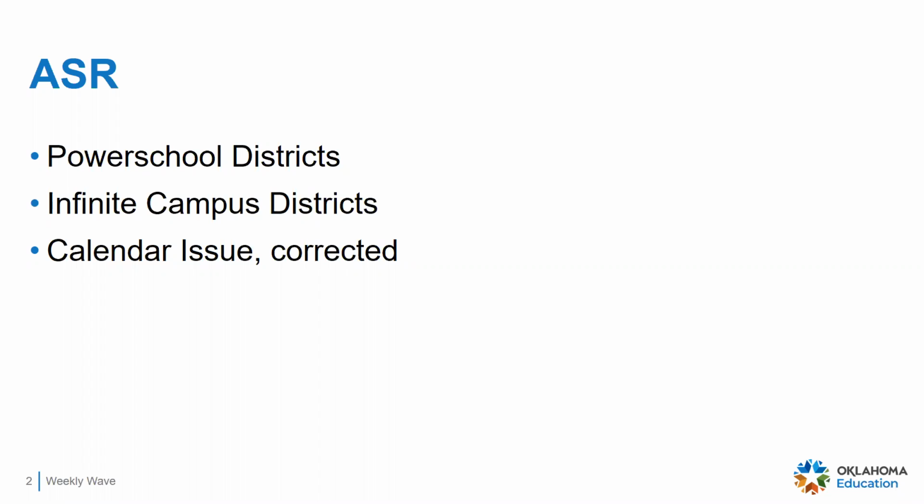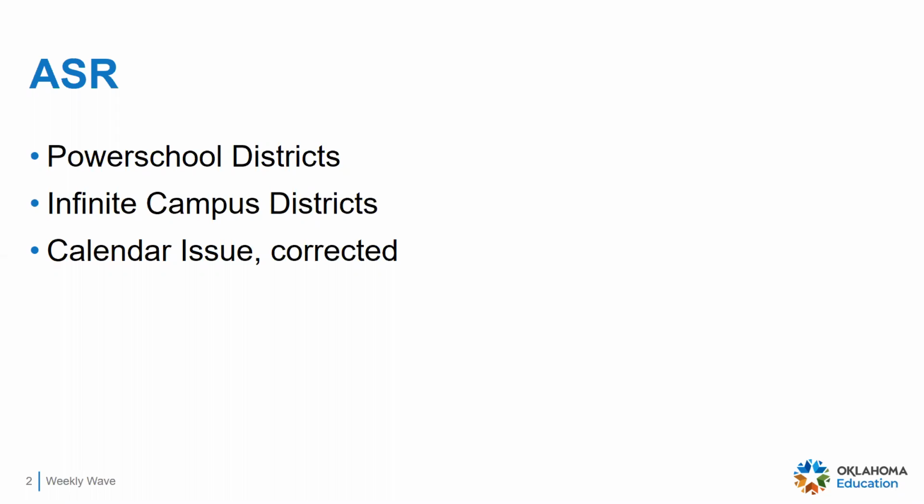For Infinite Campus districts, there's an issue related to your first 9 weeks. If you're going in the data validation wizard, you'll notice that you probably have a couple of calendar related issues with the error description of the first 9 weeks is invalid. We are fixing that. We're going to temporarily turn that validation off.